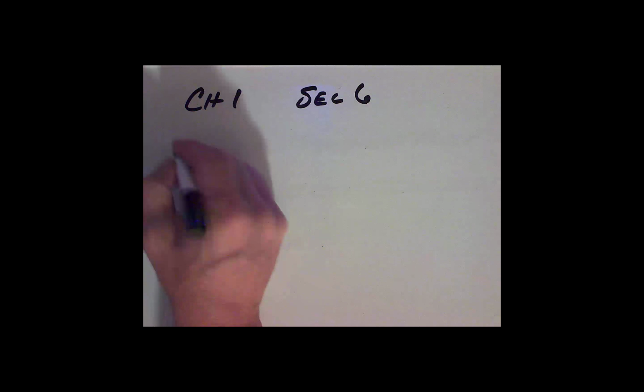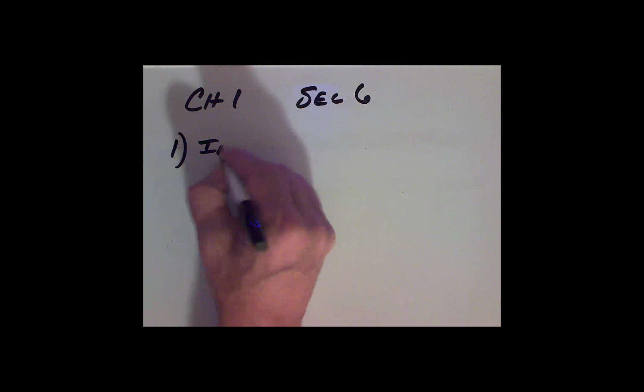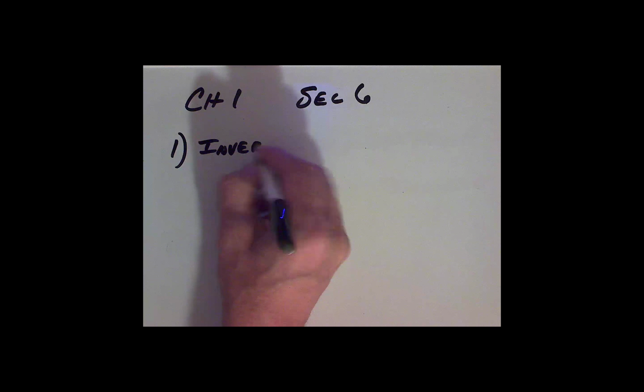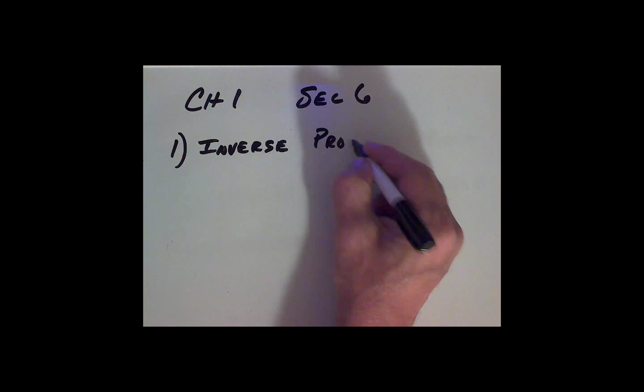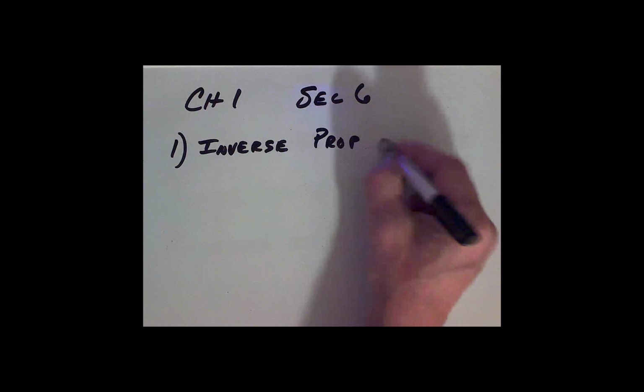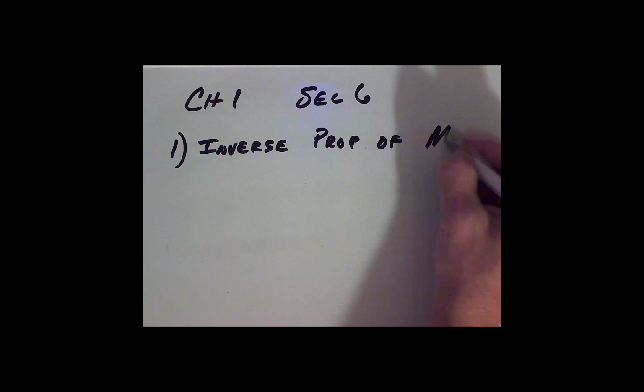This is Chapter 1, Section 6. We're going to take a look at three different areas of multiplication. The first one being the inverse property of multiplication.